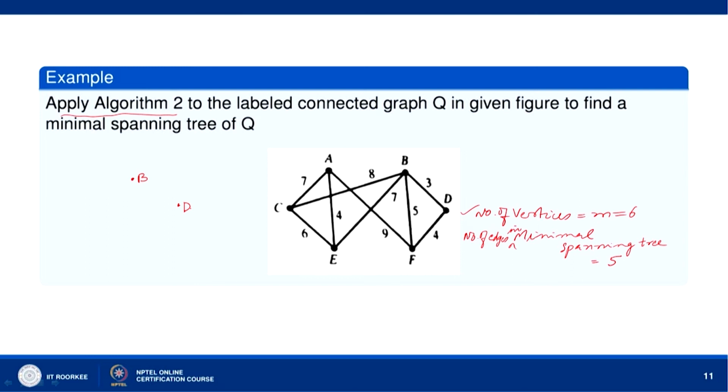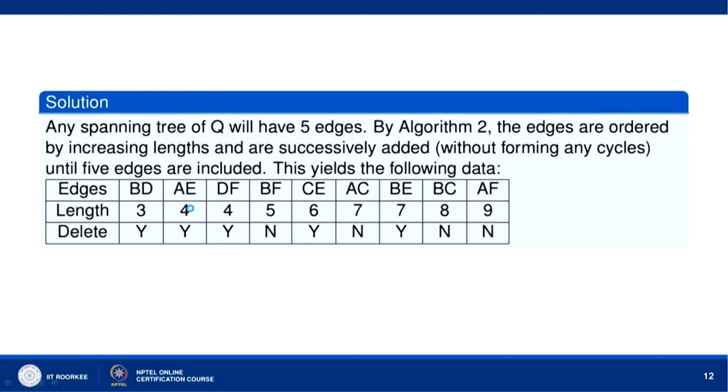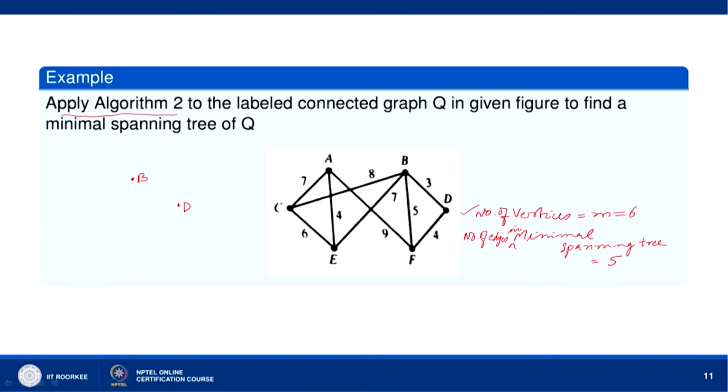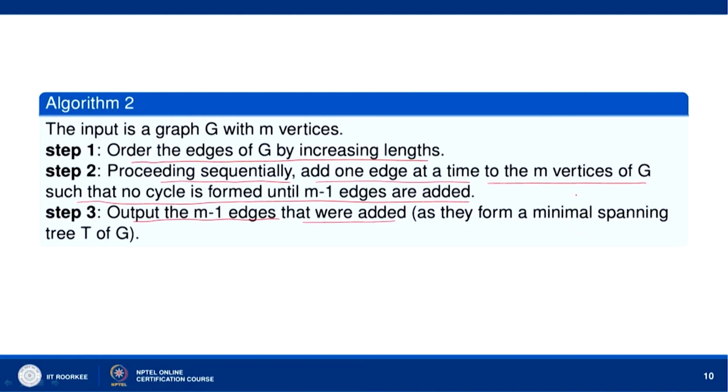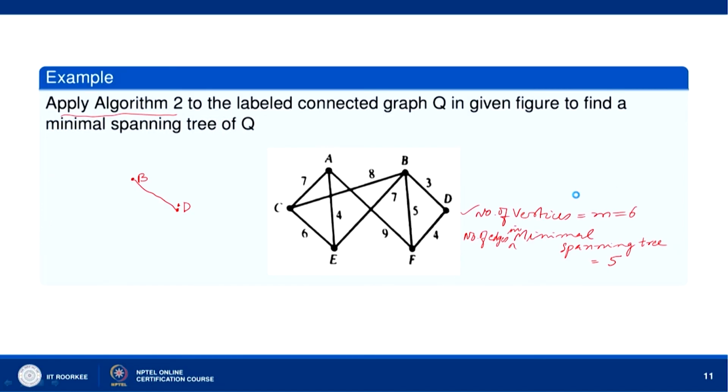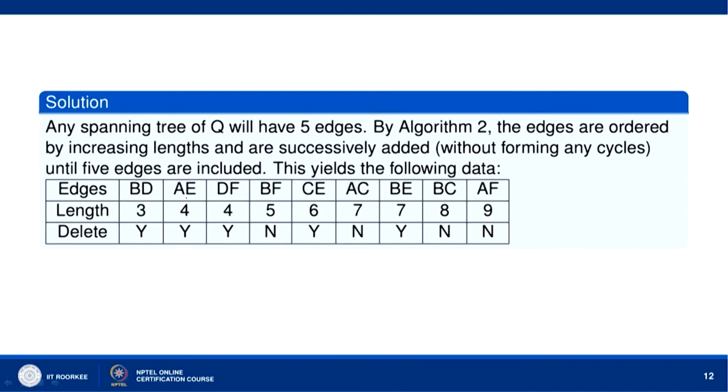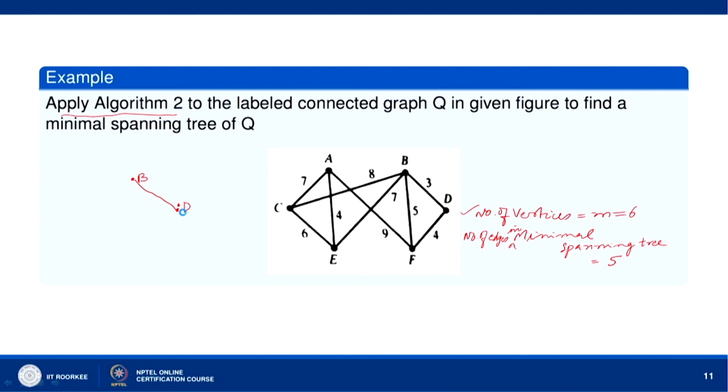So, the first step is that BD is added. Then we add one edge at a time. The second case is AE. So, this is A here and E here. So, we add AE.